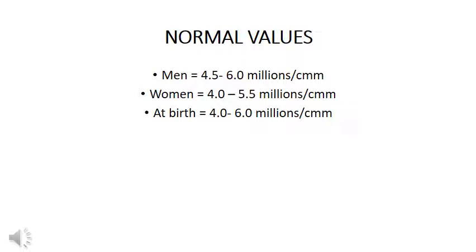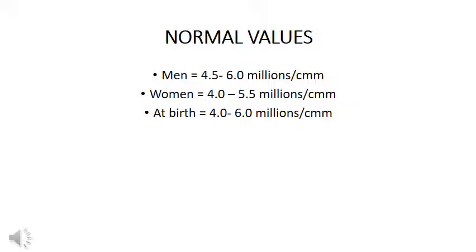The normal value of RBCs in men is usually 4.5 to 6.0 millions per cubic millimeter, while a few variations can also occur in women. Usually RBCs are less than in men, usually 4.0 to 5.5 millions per cubic millimeter, and at the time of birth, usually 4.0 to 6.0 million per cubic millimeter.